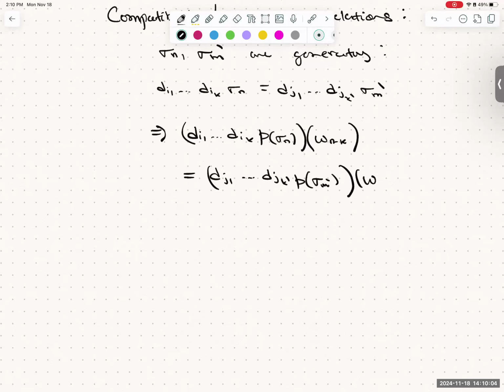I guess it should be the same, so I will just write n minus k again.